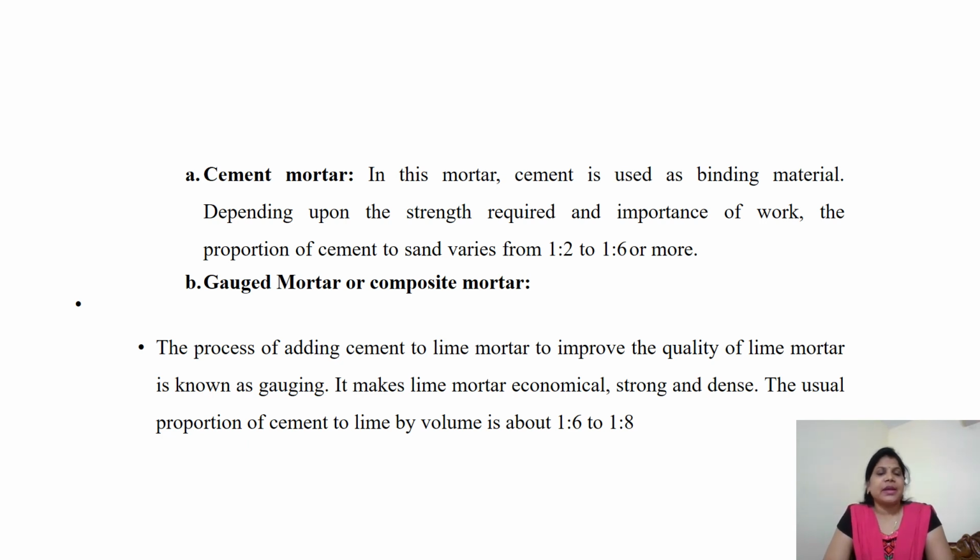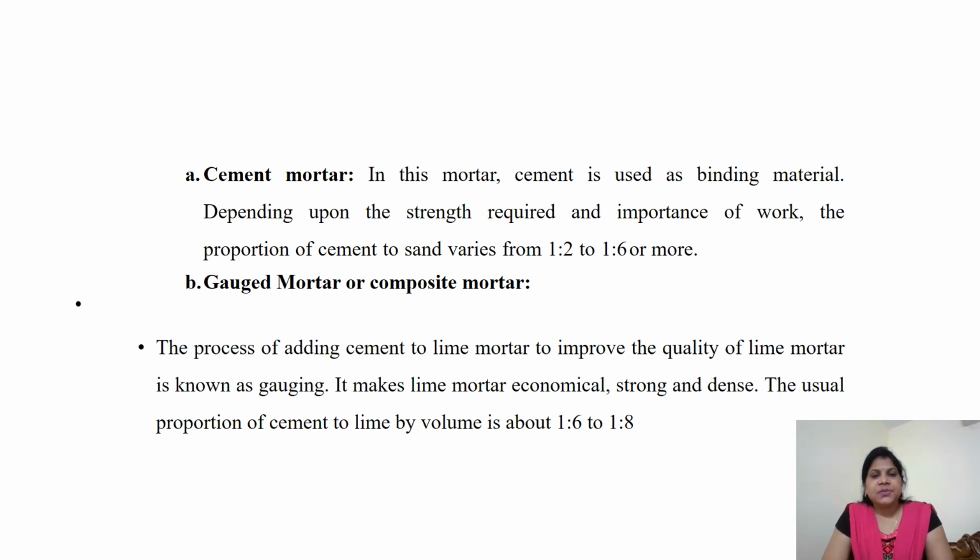If you are mixing cement and lime, both binding materials, to improve the quality, then that process is known as gauging, and the mortar obtained is known as gauged mortar. It makes lime mortar economical, stronger and dense.